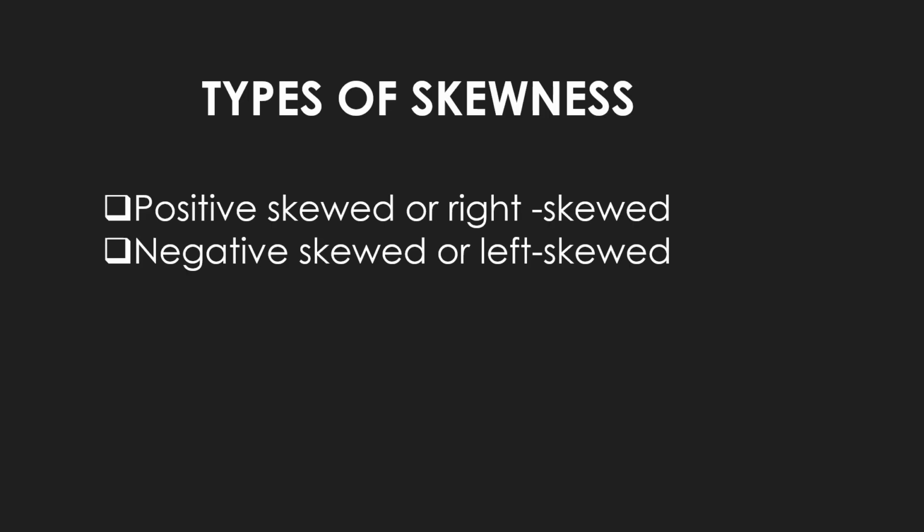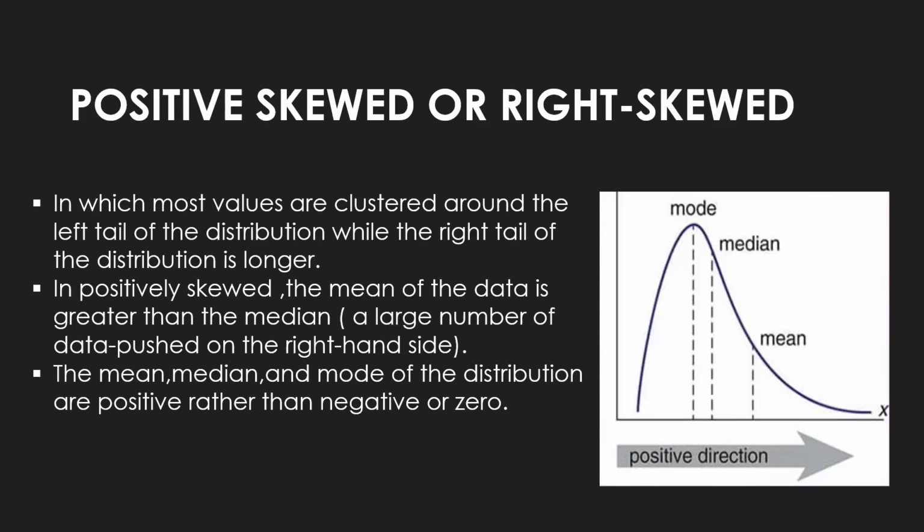There are two types of skewness. Number one, positive skewed or right skewed distribution, and number two, negative skewed or left skewed distribution. So what is a positive skewed or right skewed distribution? In which most values are clustered around the left tail of the distribution, while the right tail of the distribution is longer.